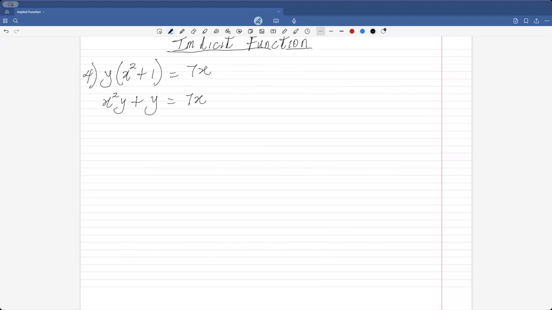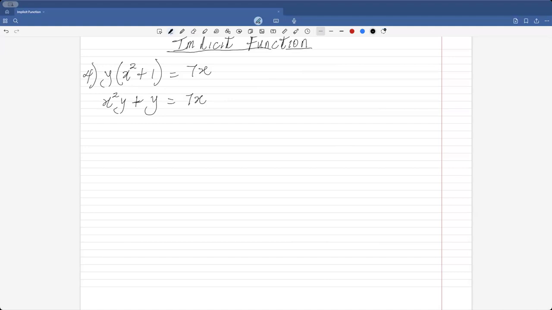And of course, this is a product rule. So to solve this, we know how to go about it. Let's not forget our product rule formula.